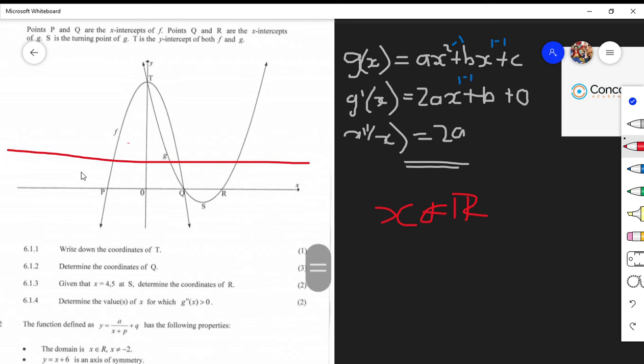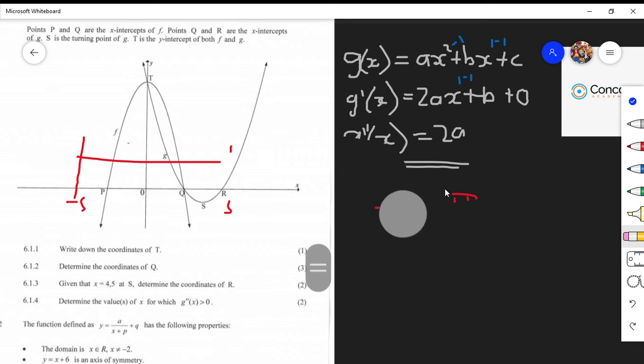So if negative 5 is here and positive 5 is here, our graph would be restricted between this area. So that means our graph would stop here and stop here, okay? But since our graph is not restricted, we can write it as x an element of real numbers.